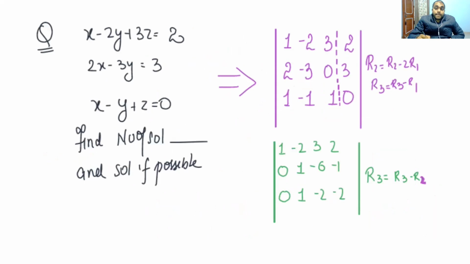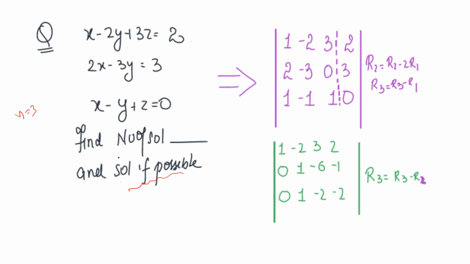In this question, three equations are given and three variables, so the number of variables is 3. Find the number of solutions and the solution if possible.